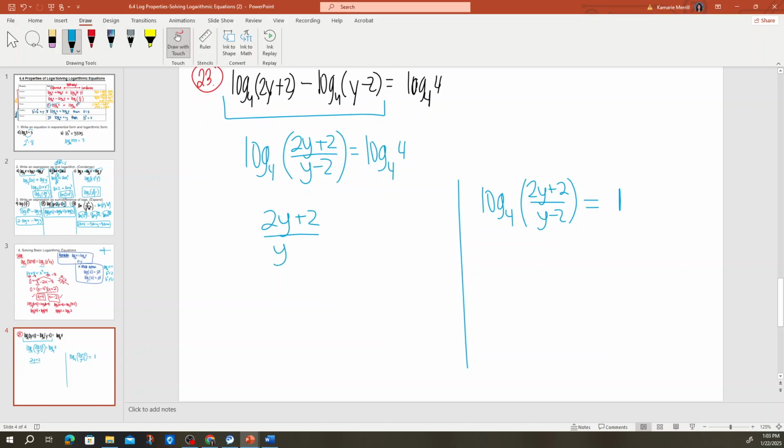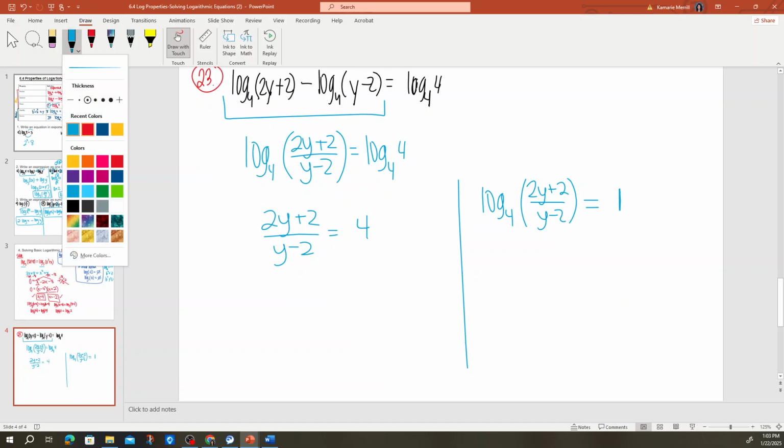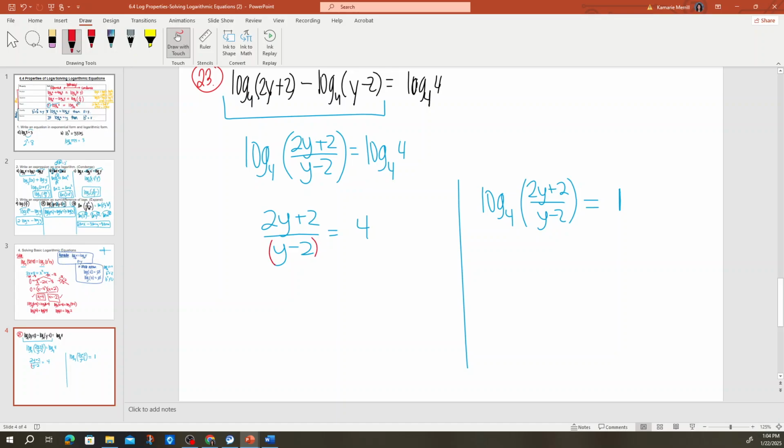Yes. Now we learned how to solve rational expressions last time, or rational equations. How do I solve something like this? I want to get rid of denominators. Do you remember? You multiply by y minus 2, and then you times it into the 4. Be more specific. Y minus 2, into the 4, which is in the denominator.